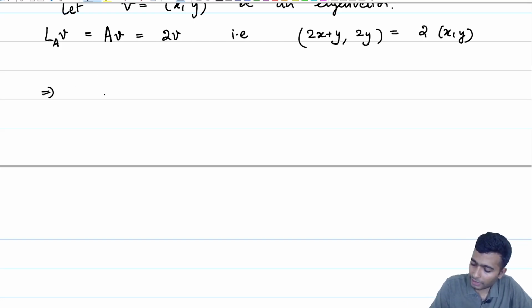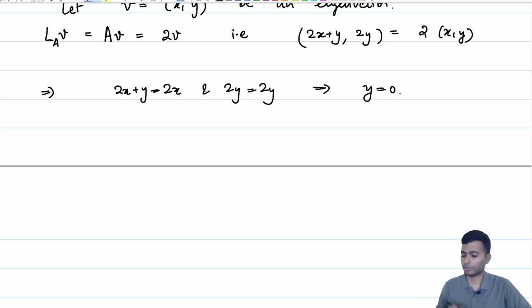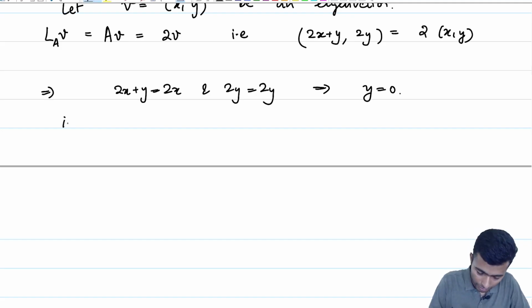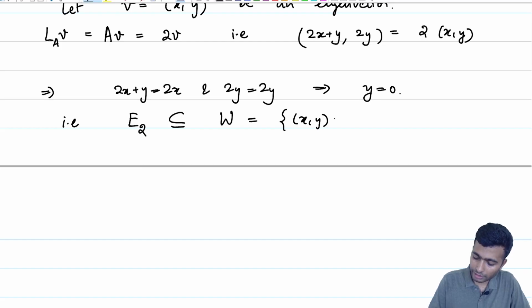That implies that 2x plus y is equal to 2x and 2y is equal to 2y. We have nothing much to say except the fact that y is equal to 0 is forced. So if v is an eigenvector for A, then the y coordinate of v should necessarily be 0. That means E_2, the eigenspace of 2, is contained in W, which is the set of all (x, y) such that y is equal to 0.